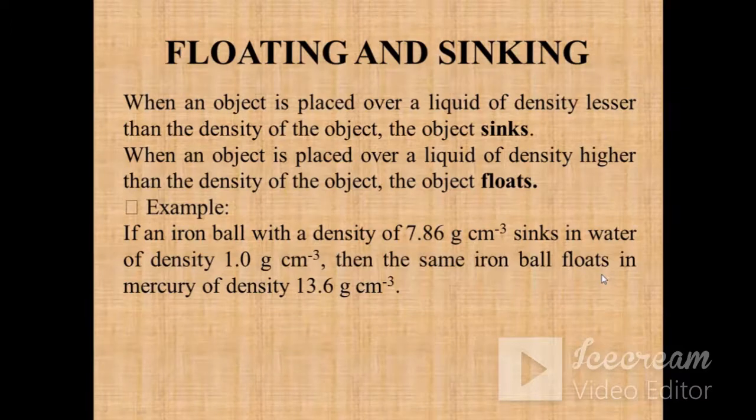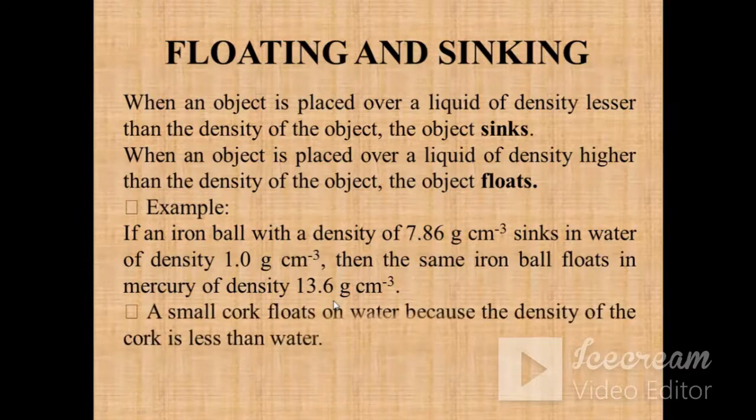Like I have told you, an iron ball with a density of 7.86 gram per centimeter cube is going to sink in water. Whereas if you put the same iron ball on the surface of mercury, a liquid metal with a density of around 13.6 gram per centimeter cube, the iron ball is going to float on the surface of the mercury.